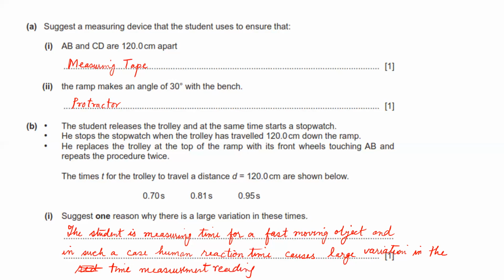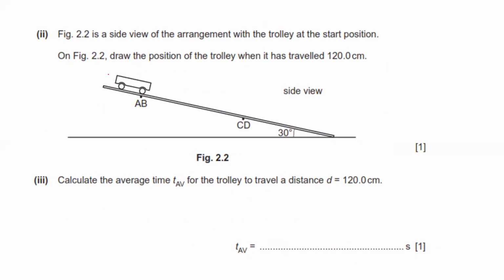Readings. Okay, so this is the best explanation to the cause of this thing. Then part 2, it says figure 2.2 shows a side view of the arrangement of the trolley at the start position. On figure 2.2, draw the position of trolley when it has traveled 120 centimeters. So 120 centimeters, it would be at this point.